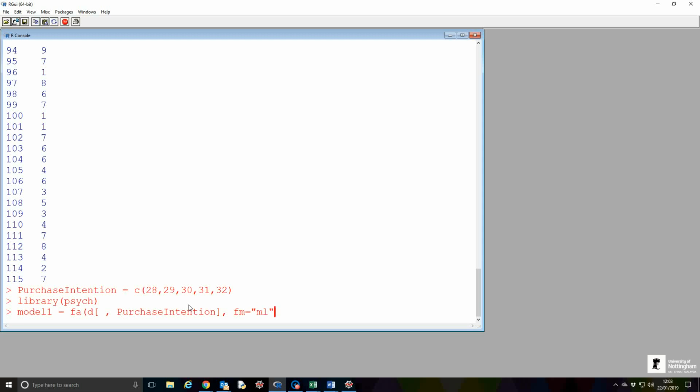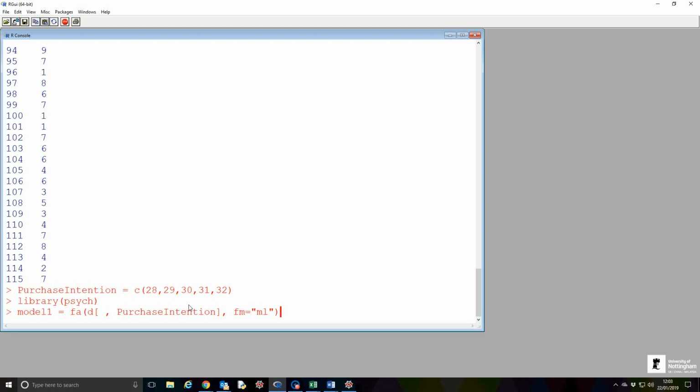So what's the reason behind maximum likelihood? Why do most people use that? Do most people use that? Not necessarily. So in factor analysis, in marketing at least, we have 2 methods that are mainly used. The one is called principal components analysis, and the other one is maximum likelihood, as we're using in this case.